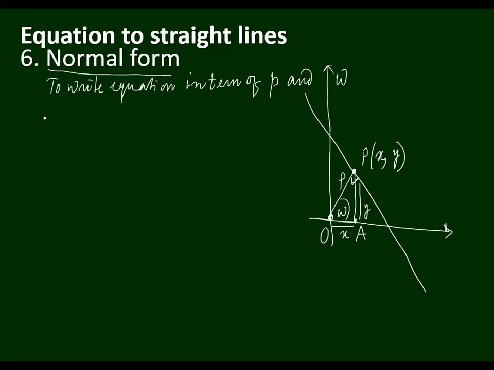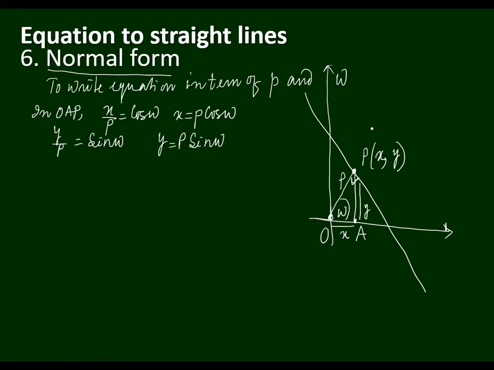So in triangle OAP, x by p is equal to cos omega, or x is equal to p cos omega. In the same way, y by p is equal to sin omega, or y is equal to p sin omega.